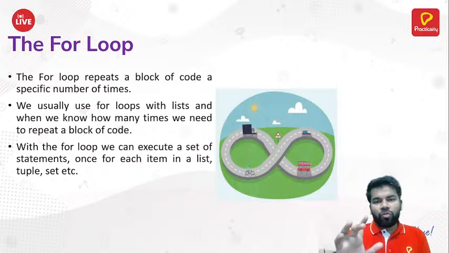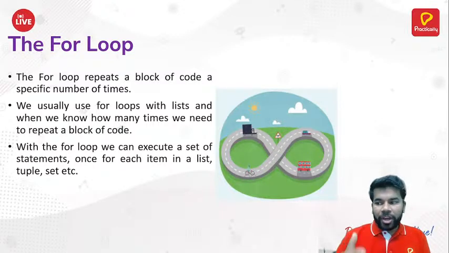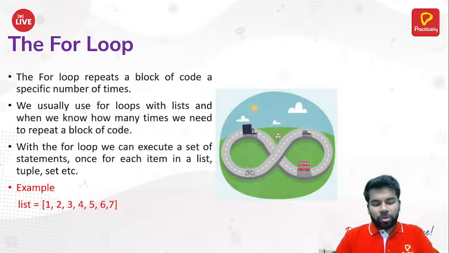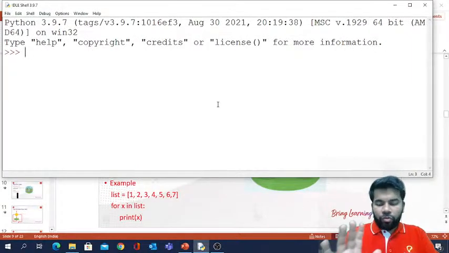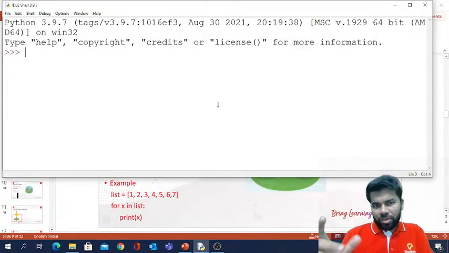We can famously use the for loop with the data type list. With a list we can print each and every element of the list. Let me show you how to execute this. First of all we have to declare a list.